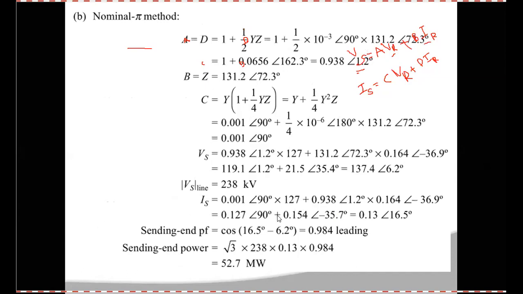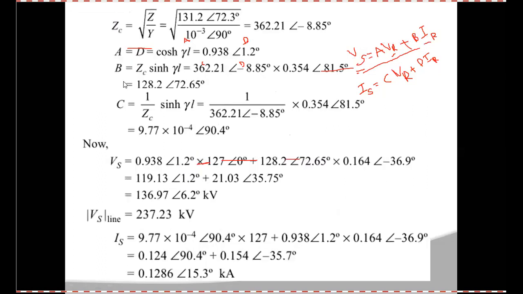Okay. So now sending end voltage is given by this equation: A into VR plus B into IR, right? We calculated the ABCD parameters for the exact transmission line solution.